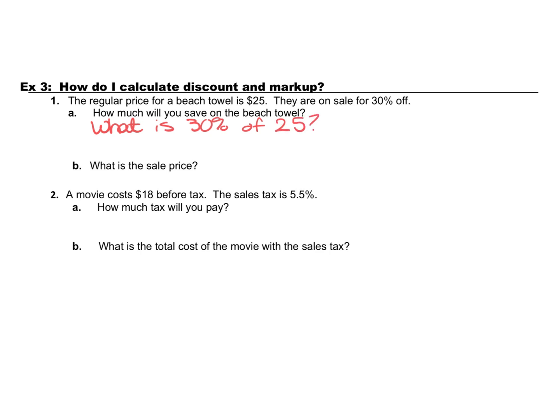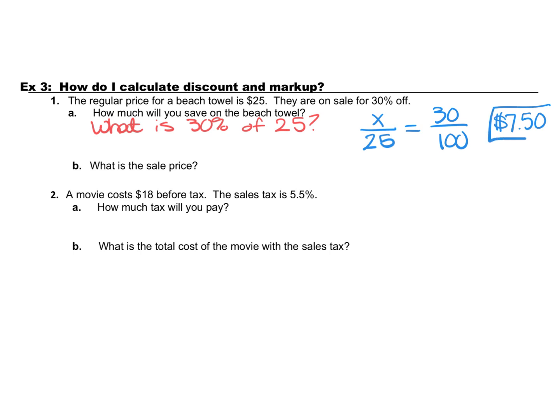So either you're taking and turning that percent to a decimal and timesing that by 25, or you are setting it up as a proportion. We know 30% is out of 100 and this is out of 25, and then we're cross multiplying and we're going to divide. So you'll have then $7.50. So the amount that you're going to save is $7.50.